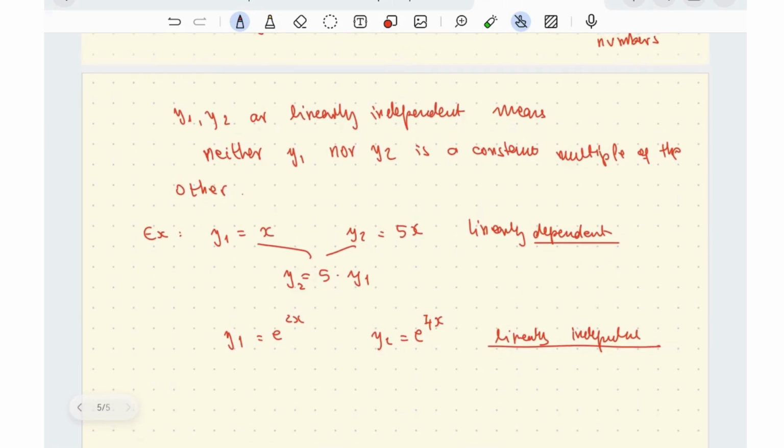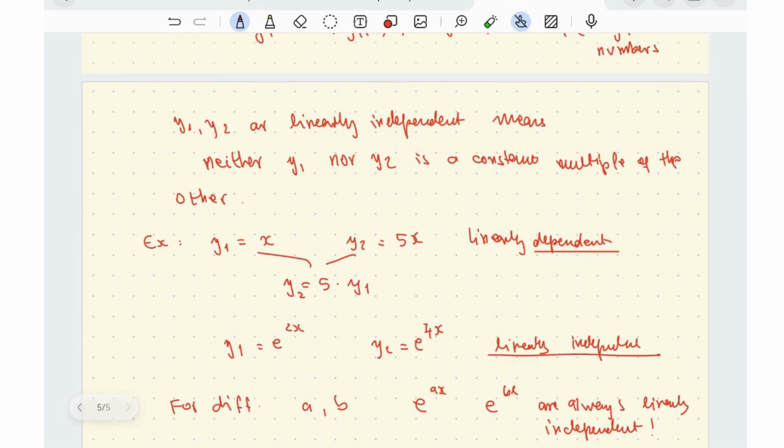So for different a and b, e to the power ax, e to the power bx are always linearly independent. So this is always the case. These functions are never constant multiples.